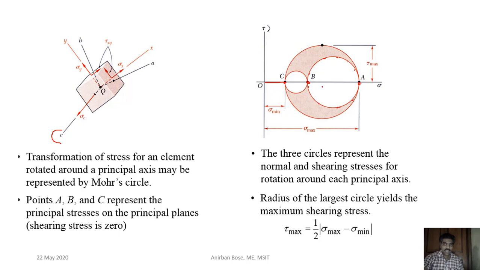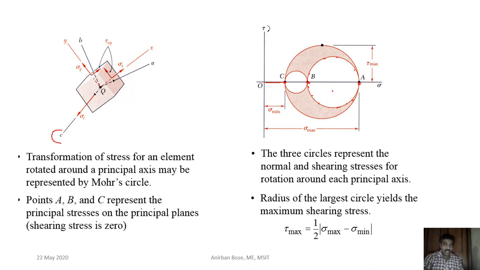So considering AB as the diameter, if you draw a Mohr circle, then on that Mohr circle you will get the different points which are basically representing the normal and shear components if that particular element is rotated with respect to C axis. Remember, C axis is representing one principal plane.